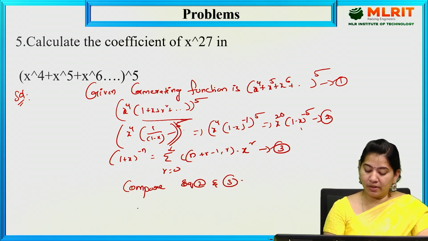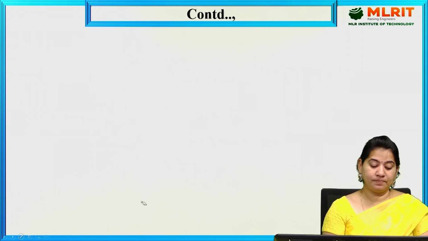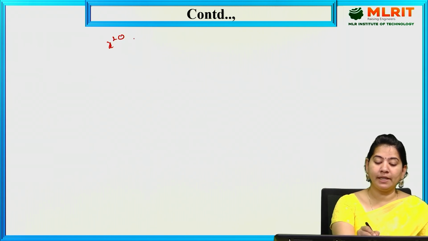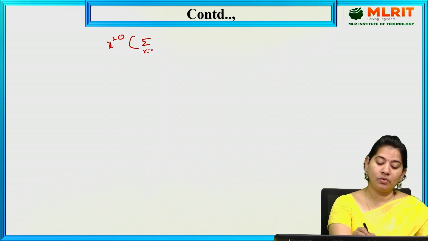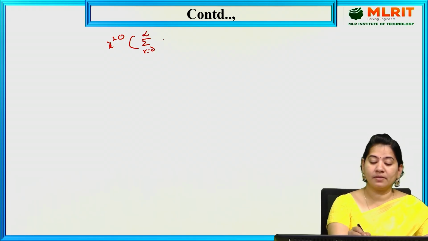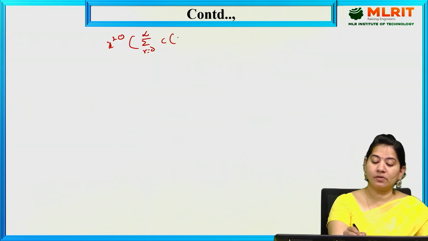So then what you will get here is x power 20. Better you write down in the next slide here. x power 20 into sigma r equal to 0 to infinity C of n plus r minus 1 comma r. What is n value here? n value is 5, right? So 5 plus r minus 1 comma r into x power r.